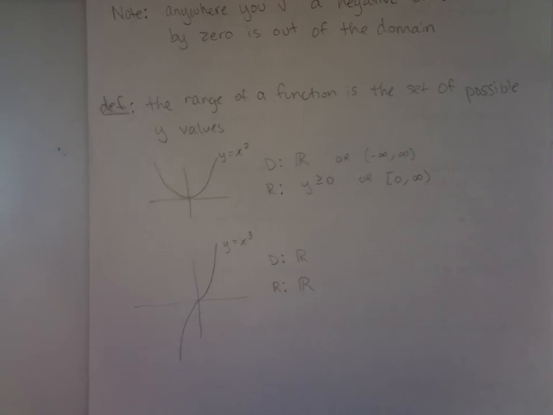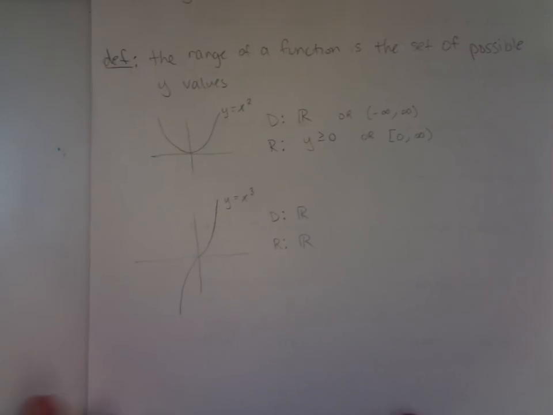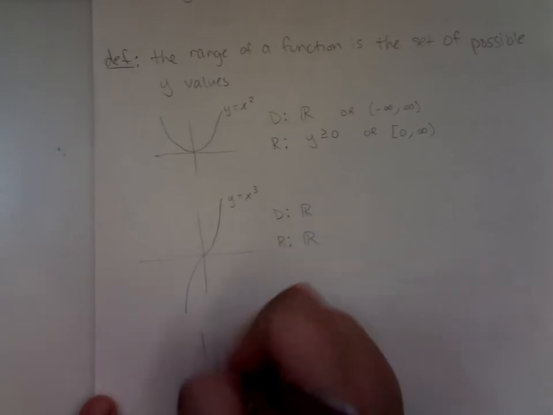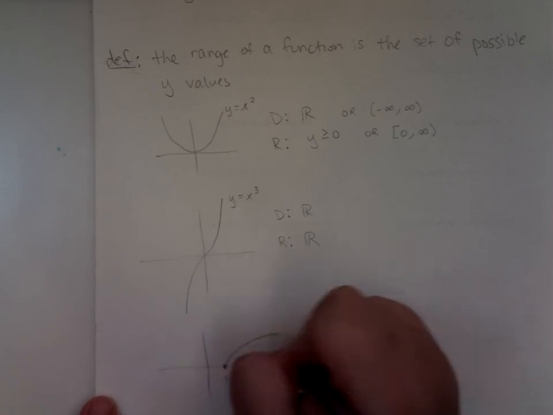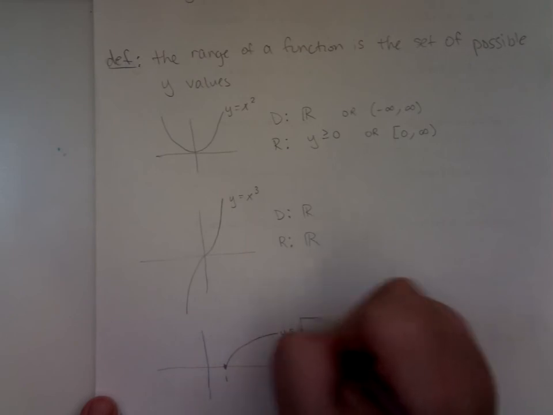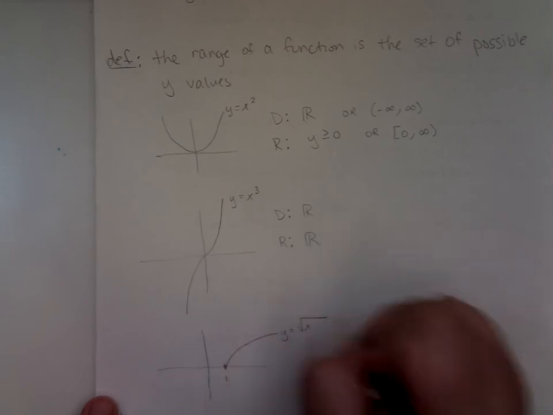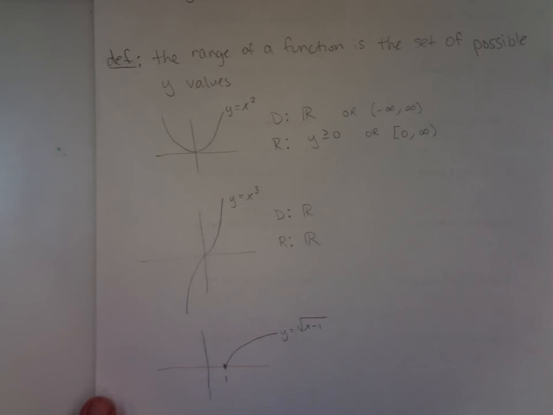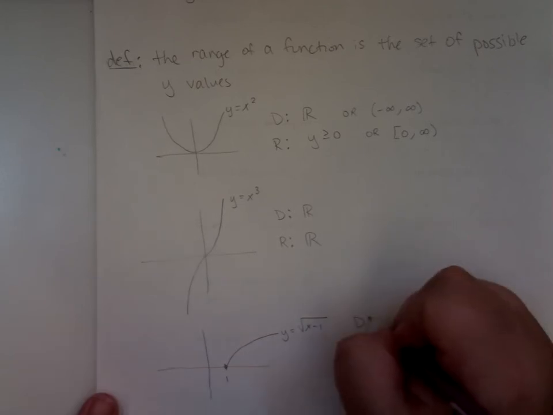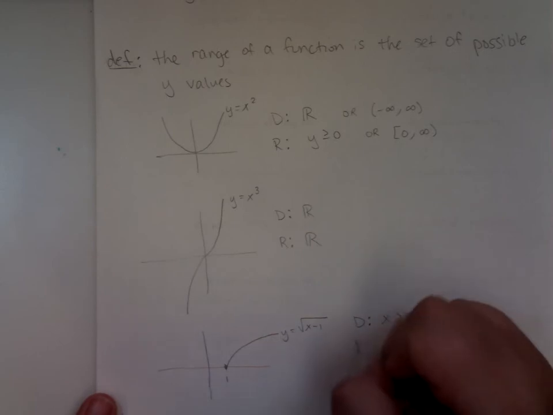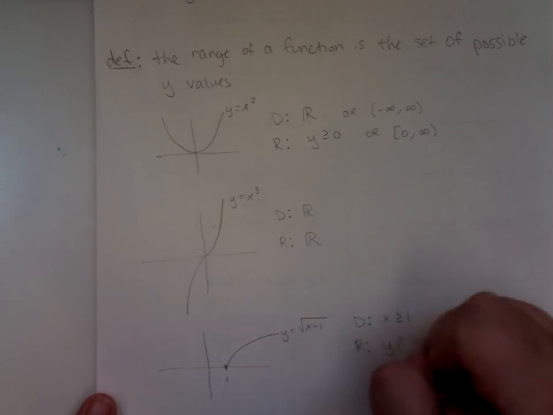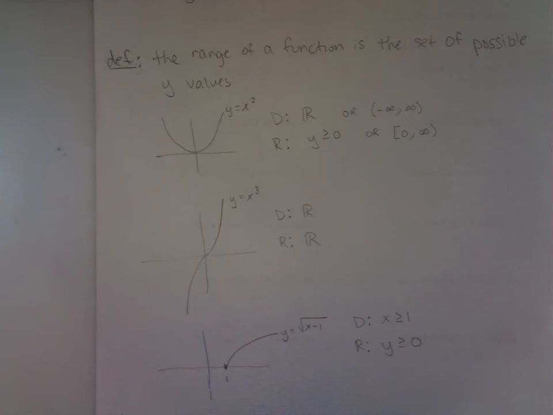For something like the square root of x minus 1, the domain is x greater than or equal to 1, and the range is going to be y greater than or equal to 0. So just a little bit on domain and range there.